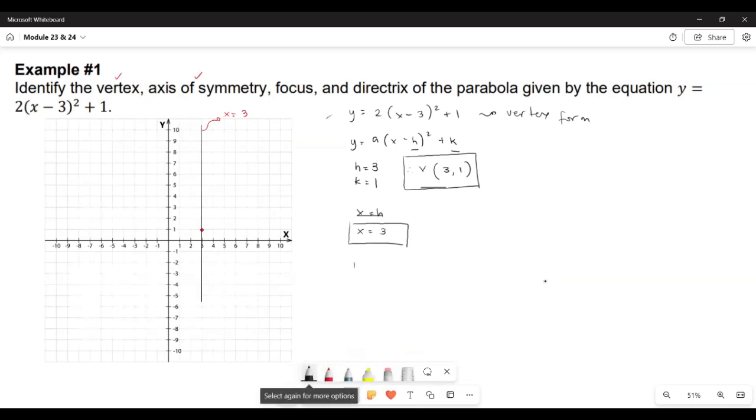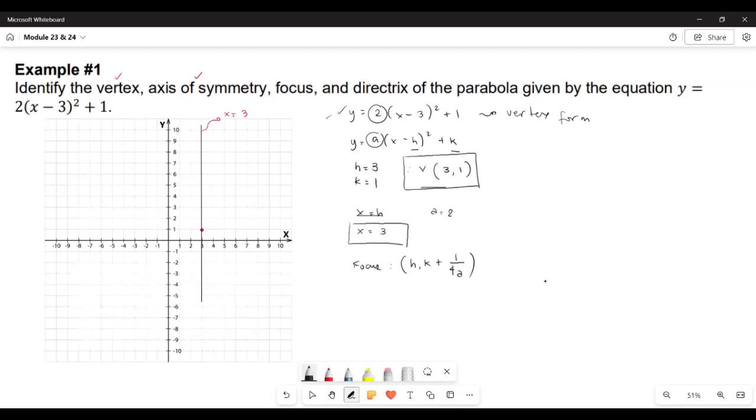So, for focus, binigyan tayo ng formula kanina na (h, k plus 1 over 4a). So, in this given, yung y is equal to 2 times x minus 3 squared plus 1, may mga values dyan. So, yung a natin, ito yung a natin sa equation, therefore yung a natin is equal to 2.